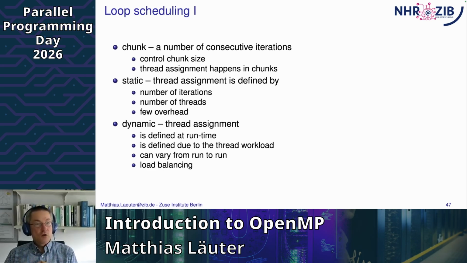So once your code is running, there's no overhead deciding about the ordering of the threads. Dynamic is more involved. There's some administration in the background, and the decision of loop execution is done during runtime. If you need that, you need to do it. But usually you want static, because your code should be as fast as possible, and that's why static is the choice which you should prefer.